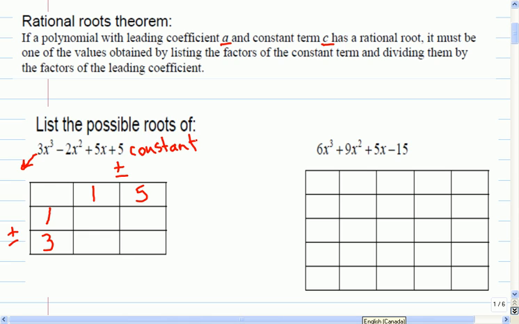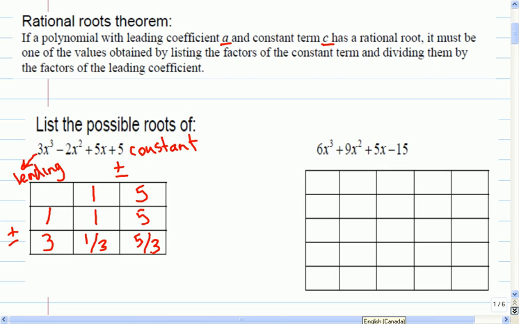And this is the leading coefficient here. The reason I've made it into a table is you can organize your thoughts. It's going to be the constant divided by the leading term, which gives me a 1. 5 divided by 1 is 5. 1 divided by 3, it could be a third this time. And 5 divided by 3, it could also be 5/3.